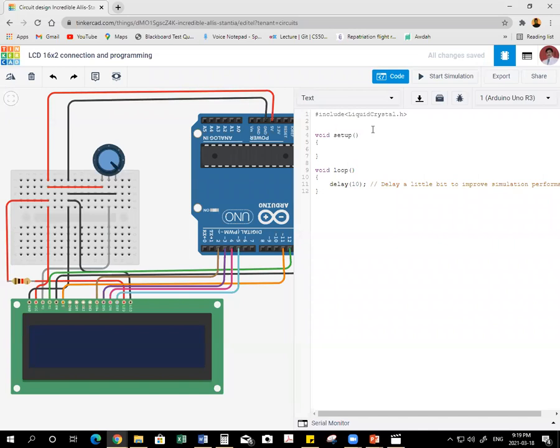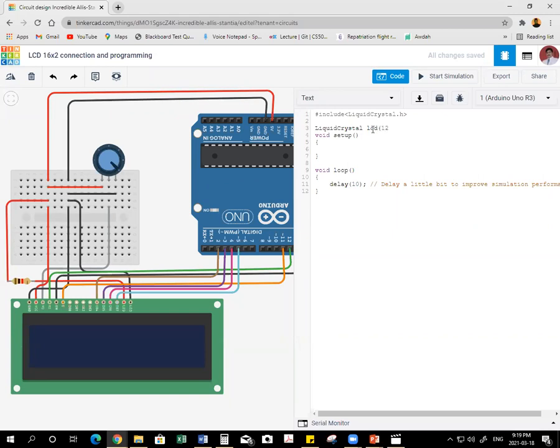Now I have one function, LiquidCrystal. We have to give the pins to that program where we connected. Space lcd. This function will tell where the pins are connected.